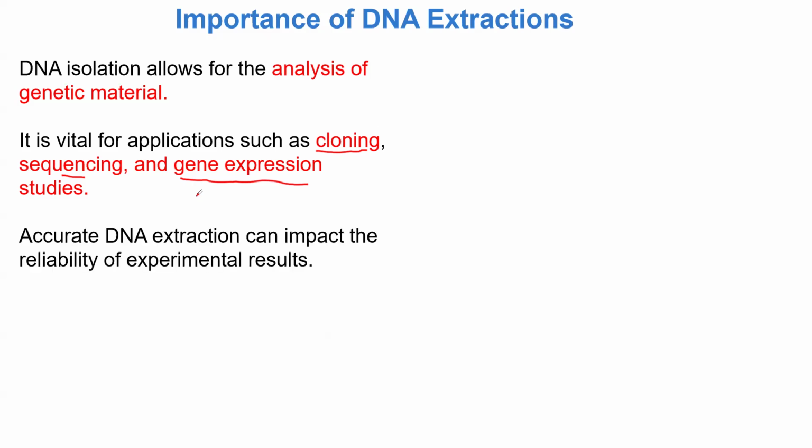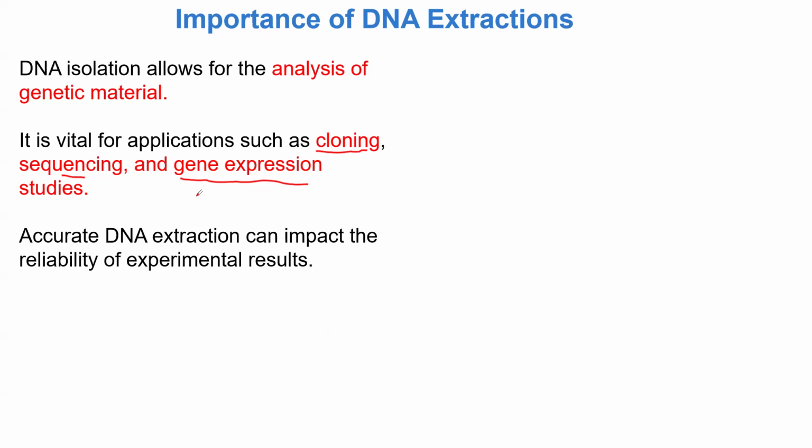Accurate DNA extraction can in fact improve the reliability of experimental results. When you are extracting your DNA, if you follow the protocols accurately, there is a likelihood that you are going to have highly pure and high yield DNA. And when you have a problem with your DNA purity, and also with the concentration of the DNA you extracted, it usually affects your downstream application.